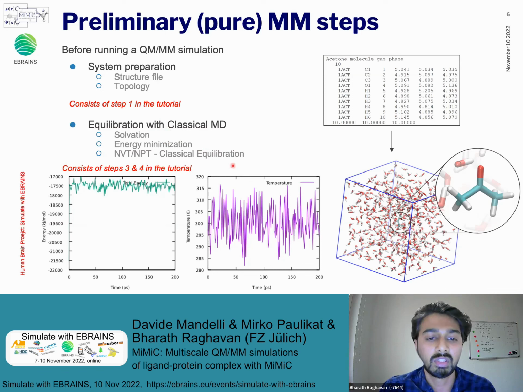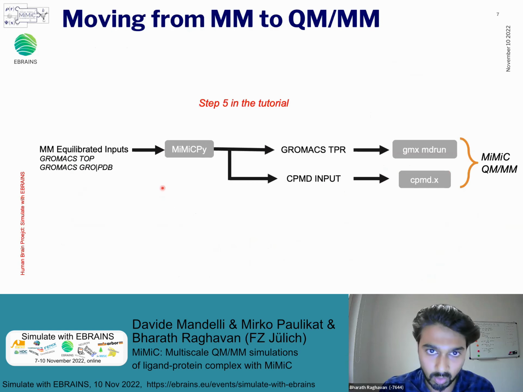Once you have done these steps, you can confirm that the system is equilibrated and that the energy and the RMSD are sufficiently stable. Once you have that structure, we can transfer it on to start a mimic simulation. To run mimic QM/MM, you need to run GROMACS and CPMD in parallel, as Davide had mentioned. So you would need separate GROMACS and CPMD input files with special keywords in each of them indicating that this is going to be a mimic run.